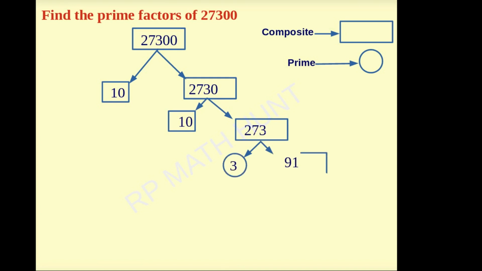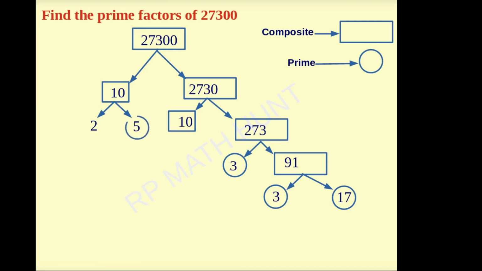Again, 91 is a composite number, giving 7 into 13. Then encircle 13 and 7, and 3, because they are primes. Again, go for 10: 2 into 5. This is the closure, therefore encircle 2 and 5. One more composite number is still there, 10. Again 2 into 5. Yes, now every number is factorized into primes.